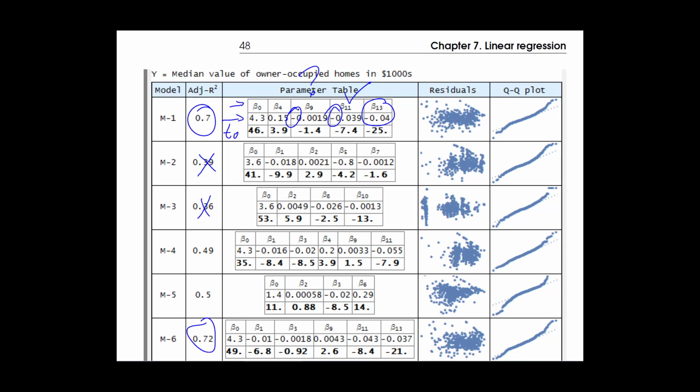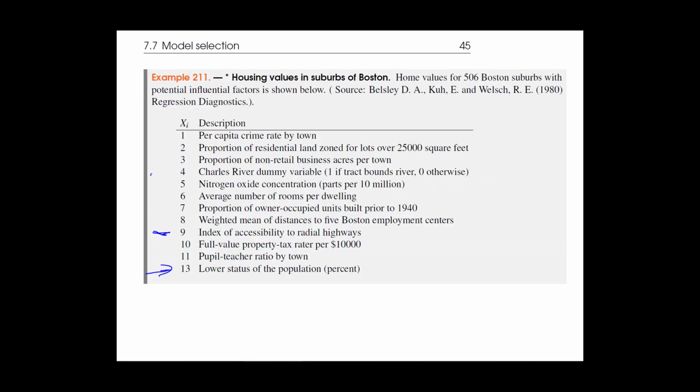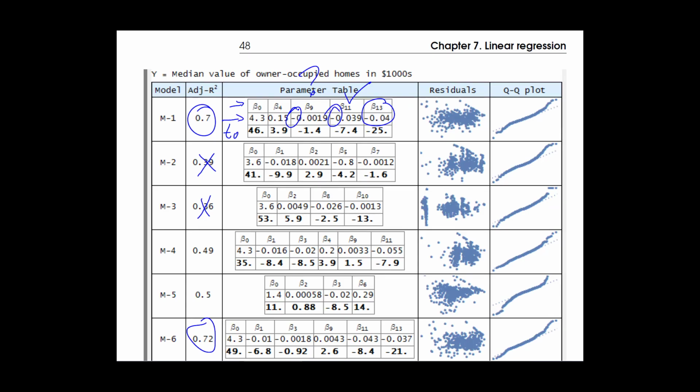You should check all the signs like that and make sure that they make sense. One more, beta 4. If you're close to a river, people want to be close to a river, so it should be positive. And this one was positive, so that's okay.